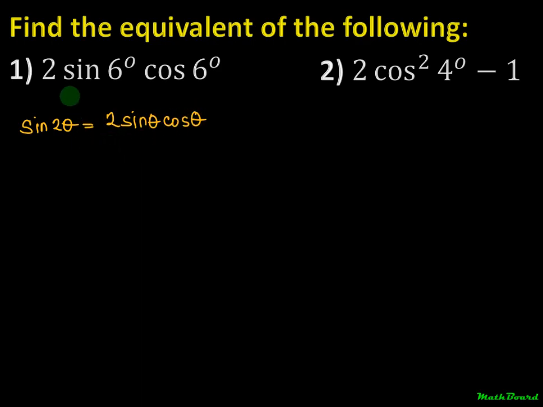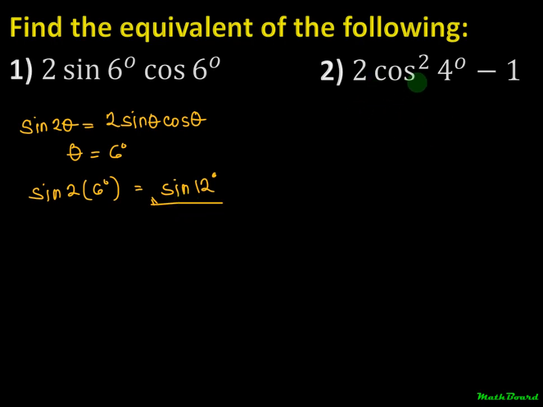And therefore, based on the given, our theta here is 6 degrees. So, the equivalent of this one is sine 2 times 6 degrees, which is equal to sine 12 degrees. So, the equivalent of 2 sine 6 degrees cosine 6 degrees is sine 12 degrees.